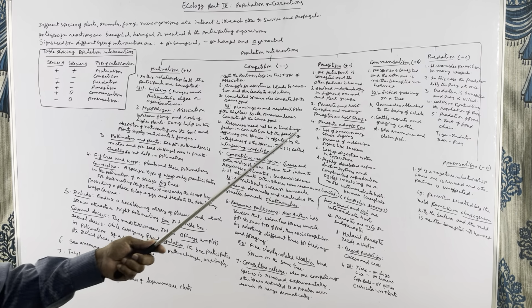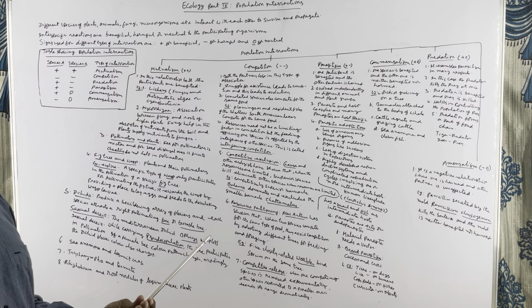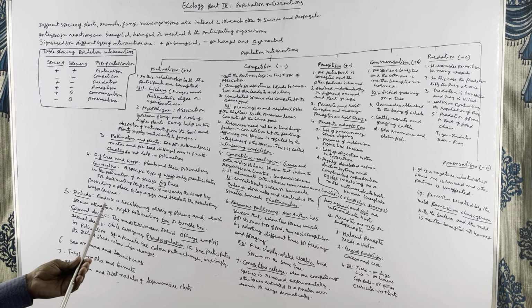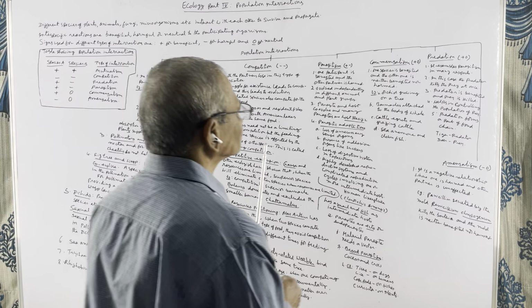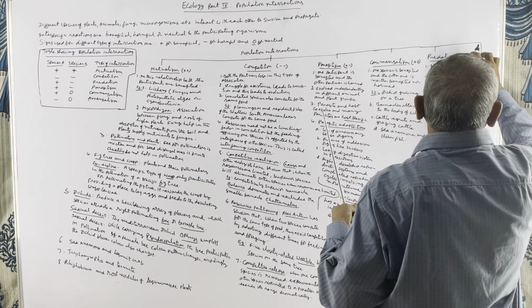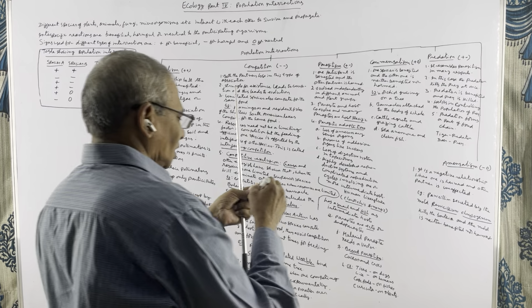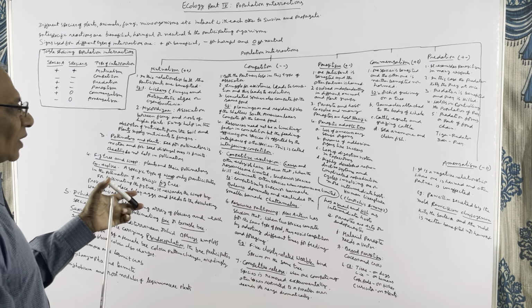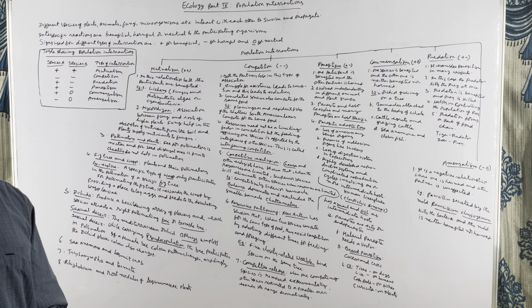Then let us go to predation. I have told you predation and parasitism are similar. In these two associations, one is benefited and one is harmed. In the case of parasitism, the host suffers slowly due to the actions of the parasite.